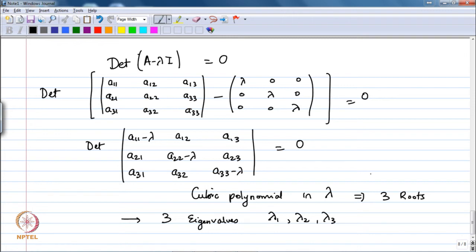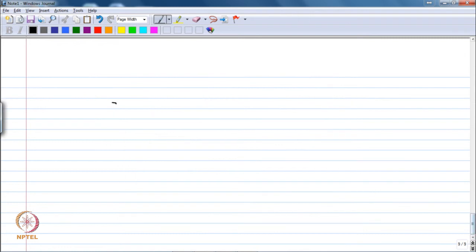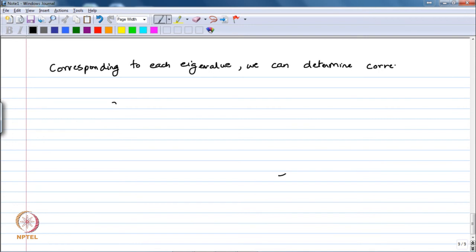So you can determine 3 eigenvalues by this equation, and corresponding to each eigenvalue we can determine the corresponding eigenvector.